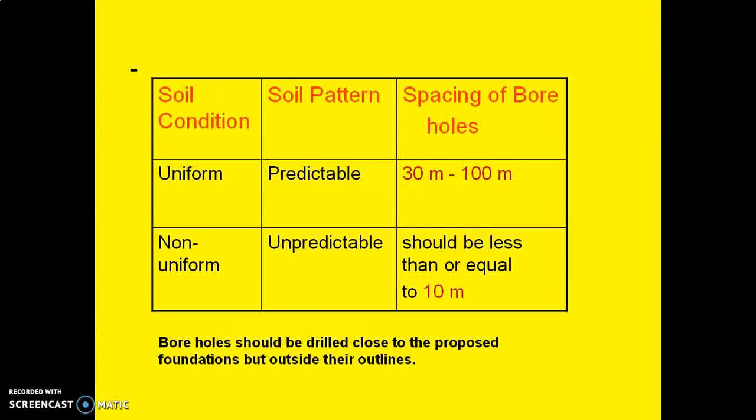Now let's identify, with respect to the different soil conditions, what should be the spacing kept for the boreholes. Uniform soil has nearly identical properties throughout the field. On the contrary, non-uniform soil with different grade soil mix possesses heterogeneous properties. Since the soil pattern of a uniform soil can be predicted, boreholes can be drilled at a larger spacing, that is 30 meter to 100 meter.